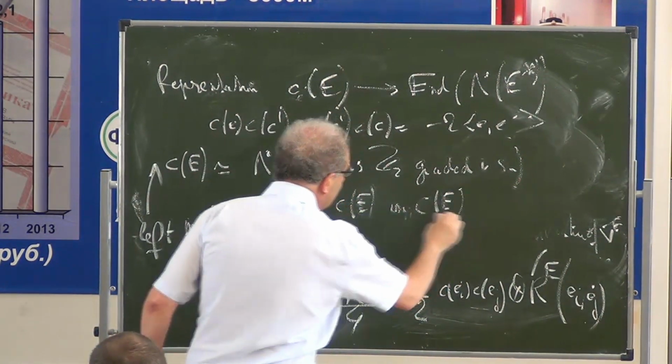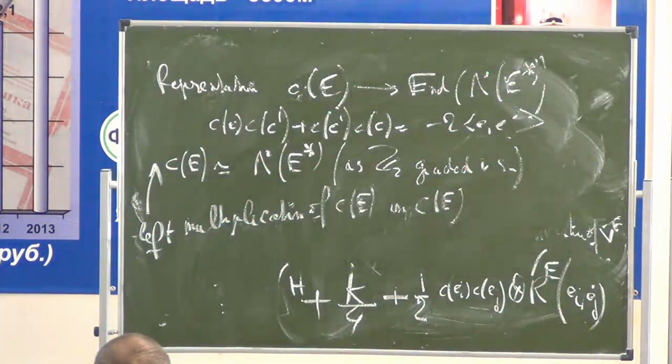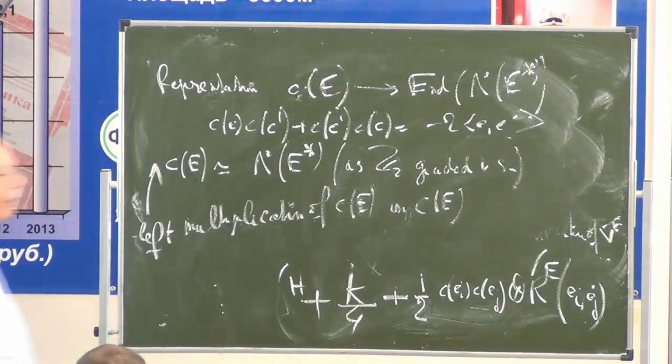In other words, the Clifford algebra acts on itself by left multiplication, and the morphism that I described by an explicit formula on Λ(E*) just corresponds to left multiplication on C(E).